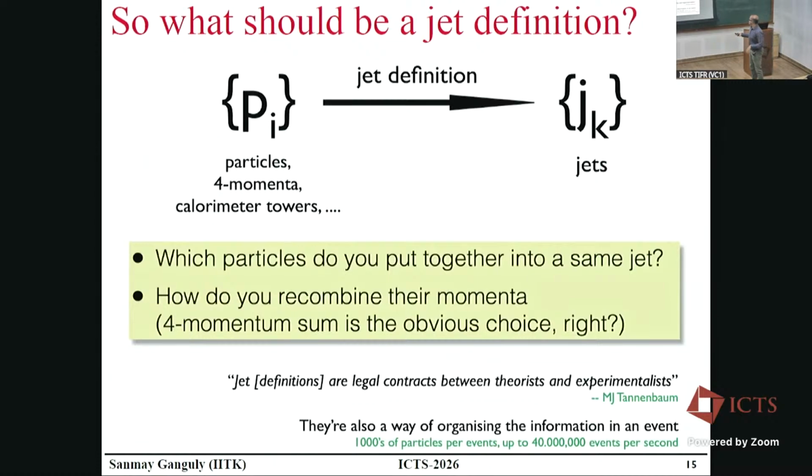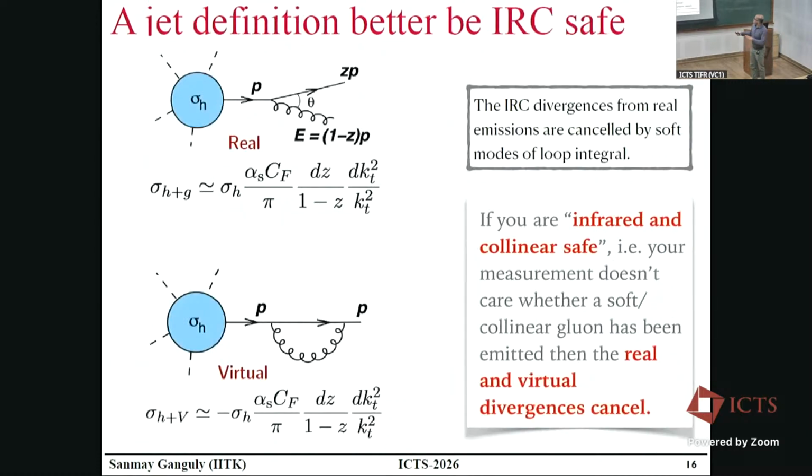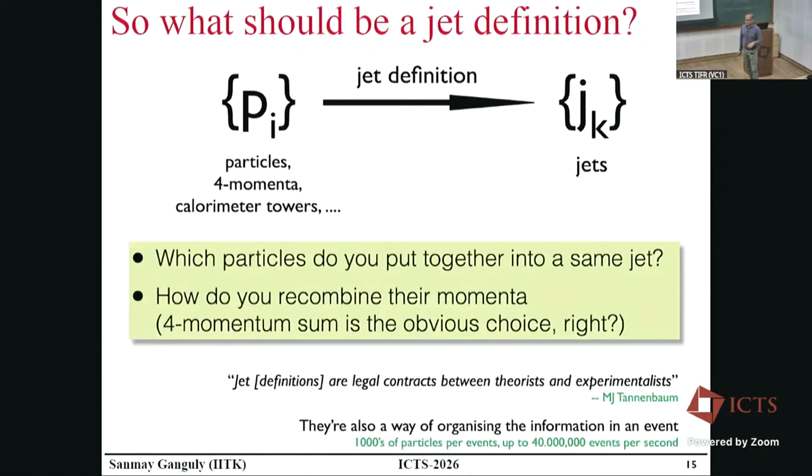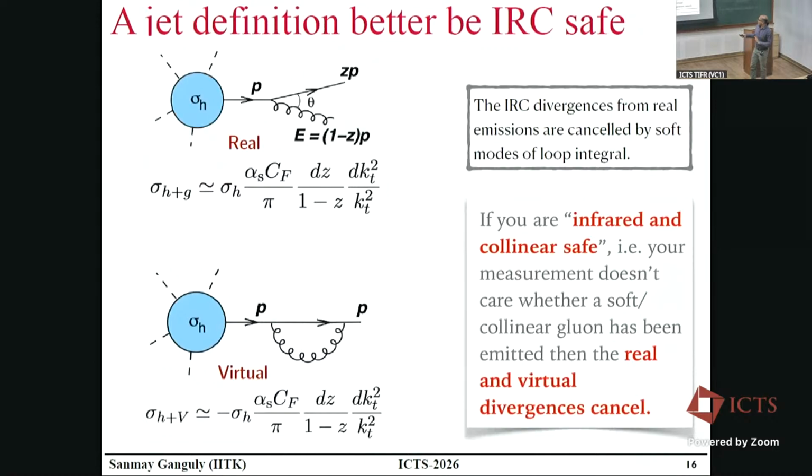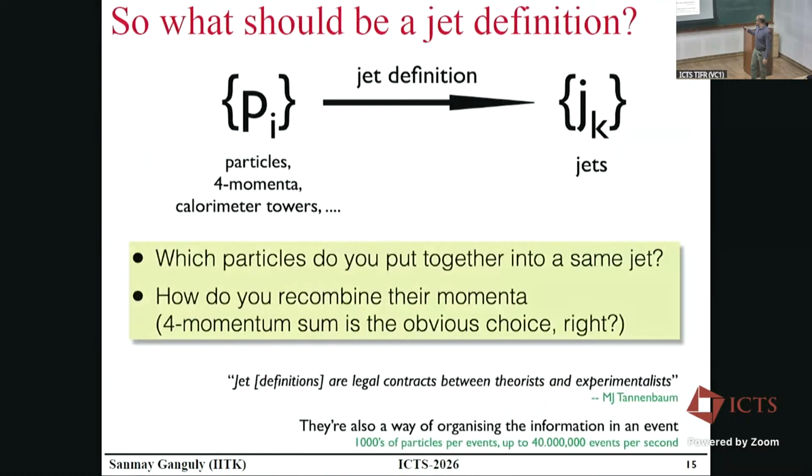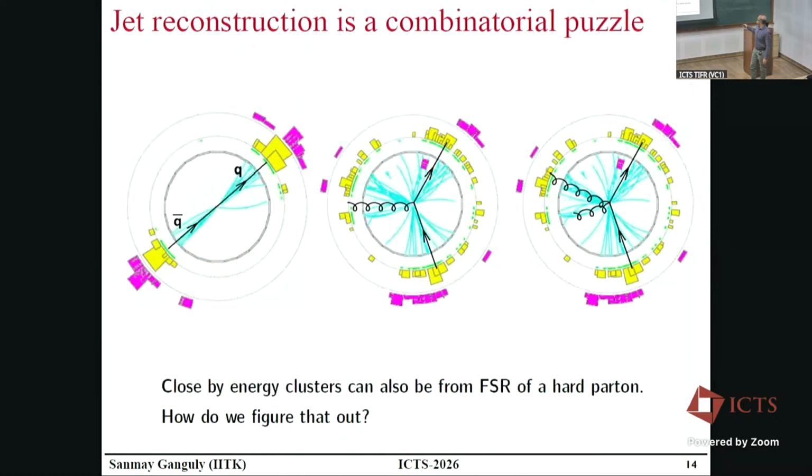Great. Okay. So let's try to do this, again relating to the basic principle of QCD branching. First of all, if we try to construct an algorithm, it should be safe from two things. If we add some collinear emission, then essentially that will lead to some nearby energy deposition of clusters, so that should be counted in the same jet.